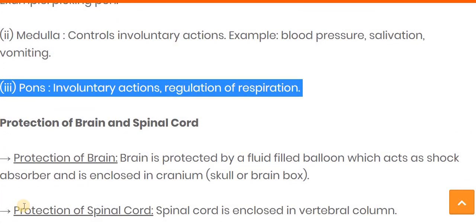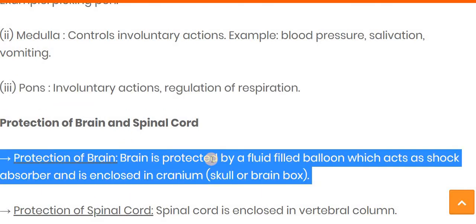As I told you about the protection of the brain, the brain is protected by a fluid-filled balloon which acts as a shock absorber, and it is enclosed in the cranium, which is also known as the skull or brain box.